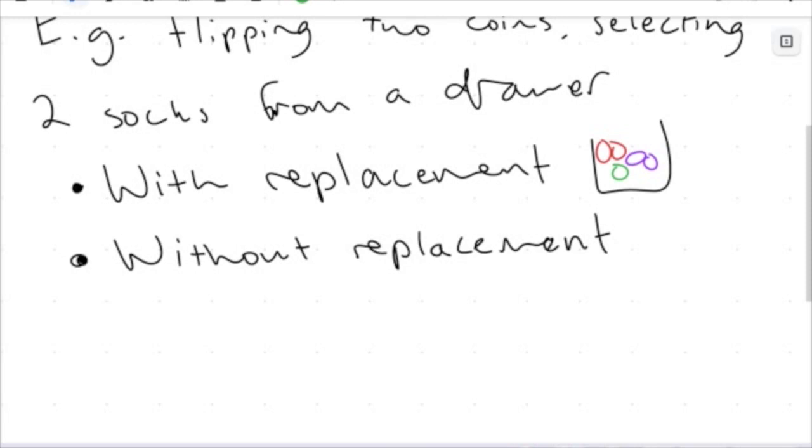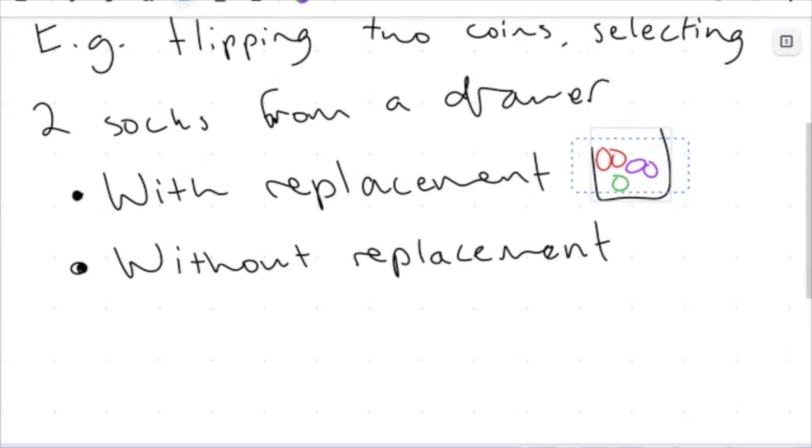With replacement means we take one out, we measure the probability of selecting one of these, for example, or we measure the probability of pulling this one out, and then we replace it, we put it back in before measuring the second probability.